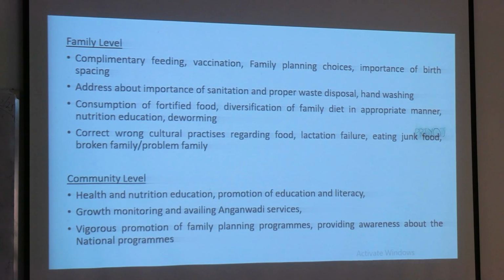If there are many children, now is the time to introduce family planning services, how to maintain a small family, and the importance of birth spacing, sanitation, and consumption of fortified food, meaning food fortified with vitamin A, iron, vitamin D. Good nutritional quality foods, and correct the wrong cultural practices regarding food, such as giving prelacteal feed, which is one wrong cultural practice. Eating junk food, lactation failure, and broken or problem families, all these things should be managed.